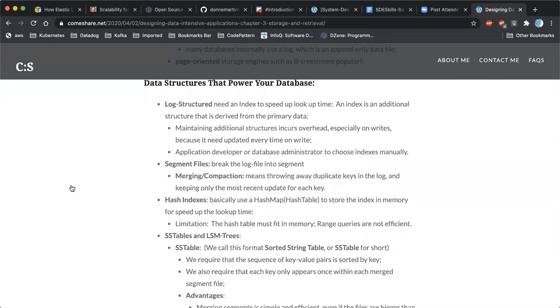One thing I found interesting is that at the end, the author covered the advantages and disadvantages of each of these approaches, and then moved into the next part: hash indexes, and how it slowly transitioned into SS tables, LSM trees and B trees.